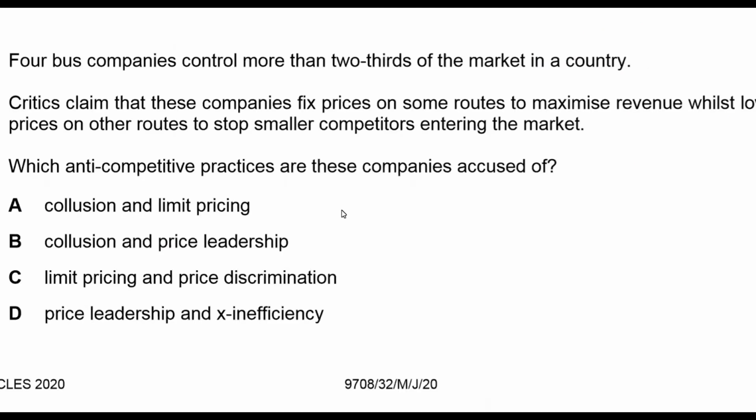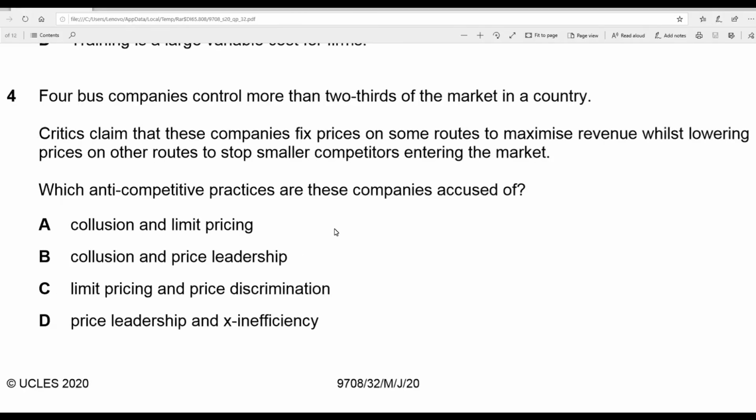Four bus companies control more than two-thirds of the market in a country. When there are only four firms, one thing is very clear: it will be an oligopoly, because in oligopoly the number of firms is a few. So we have to find out the feature of oligopoly.